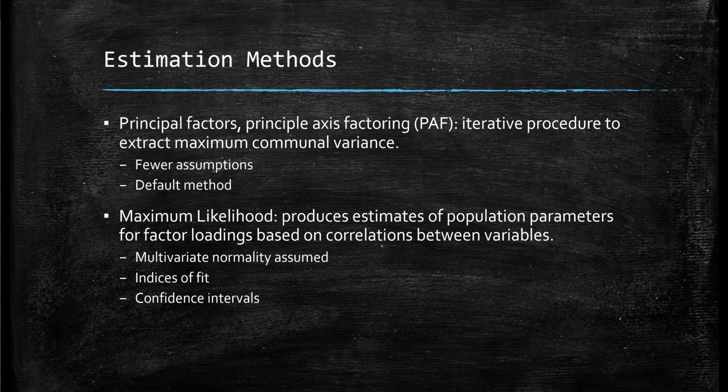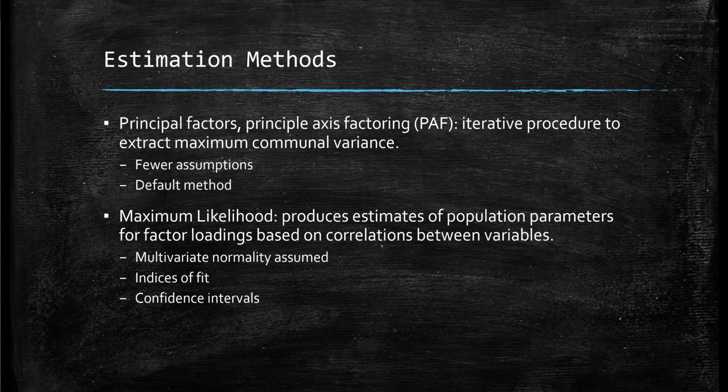There are two major estimation methods. There are actually many more, but the two you're most likely to encounter are principal factors or principal axis factoring, which is a procedure that's used to identify the factors by first finding the factor that explains the most variance and then finding the next strongest factor and so on.